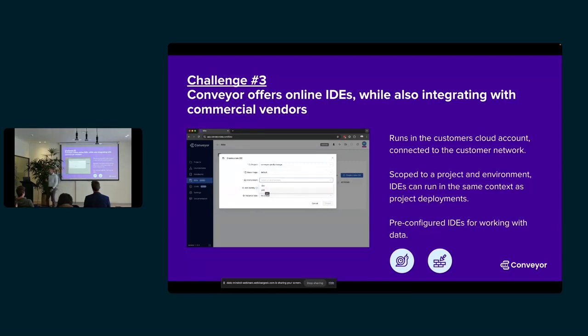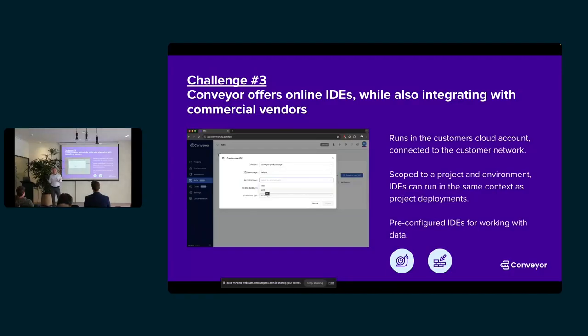So we added our own, and because we already run in the network of the customer, it's already deployed at the customer in its network, you could easily run these online IDEs within that same network, meaning you get access to that data, or at least there's the possibility of accessing that data. Next to that, we also scope them again.